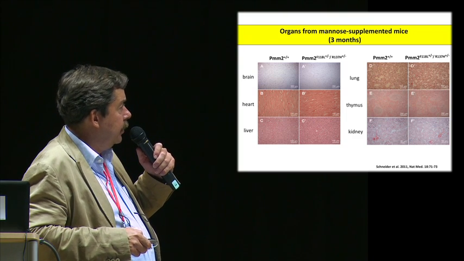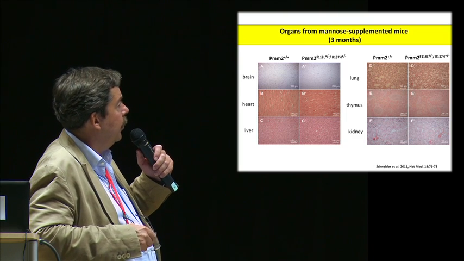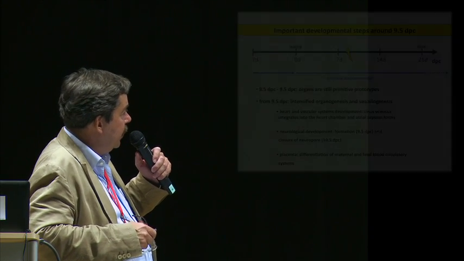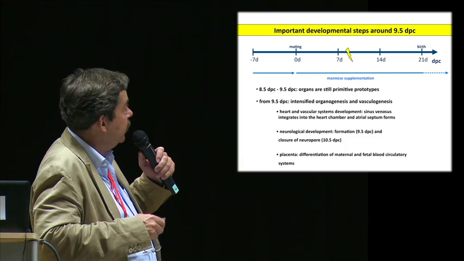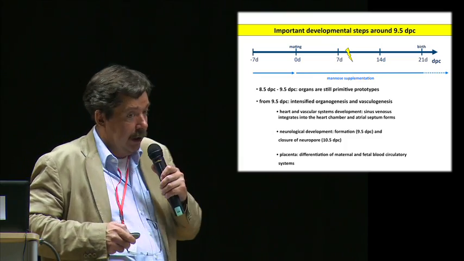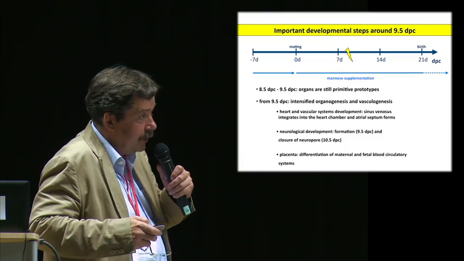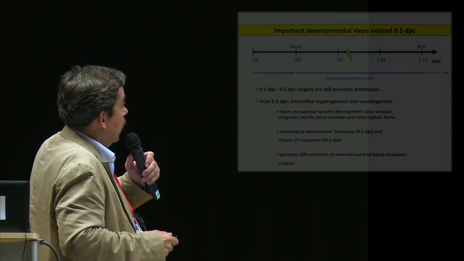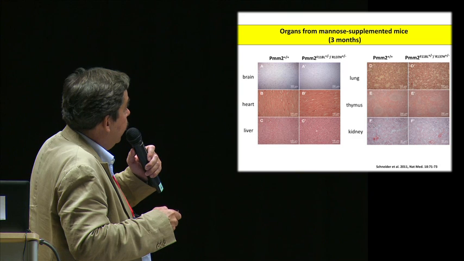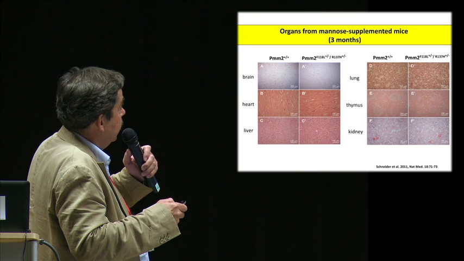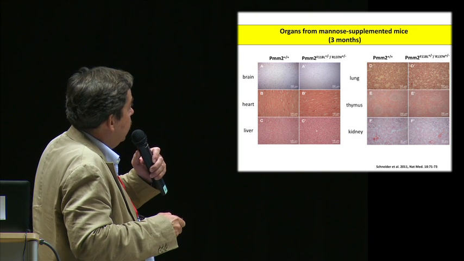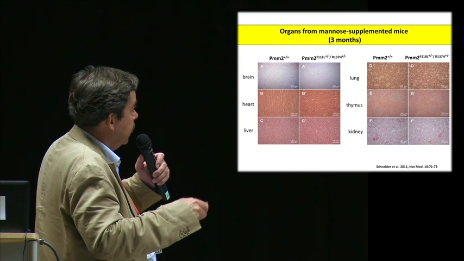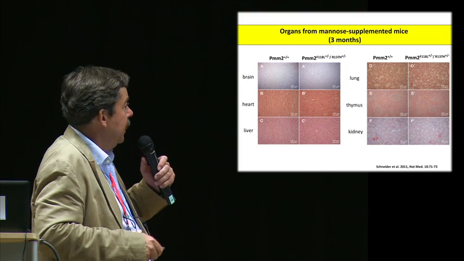This is the point where we are working on at the moment, on the proteins which are affected, and why this mannose treatment is so important at this time point. We don't know so far, but we are currently investigating it. So you can see for the organs of these mice at the age of 3 months, there are no differences visible in brain, heart, liver, lung, thymus, kidneys.